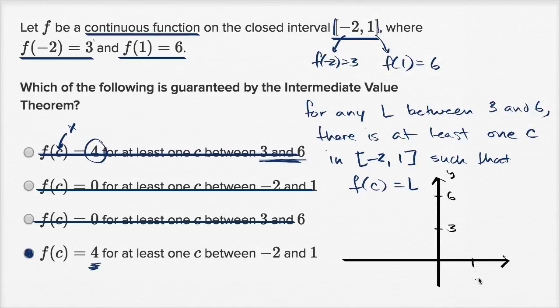This is 1. This is -1. This is -2. And so we're continuous on the closed interval from -2 to 1. And f of -2 is equal to 3. So let me plot that. f of -2 is equal to 3. So that's right over there. And f of 1 is equal to 6. So that's right over there.